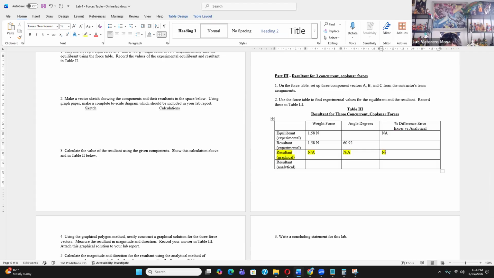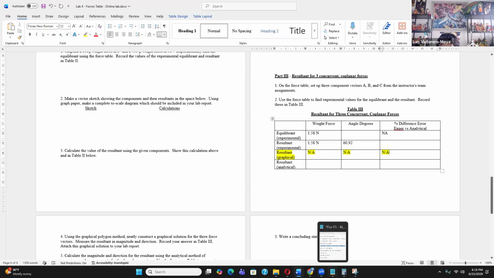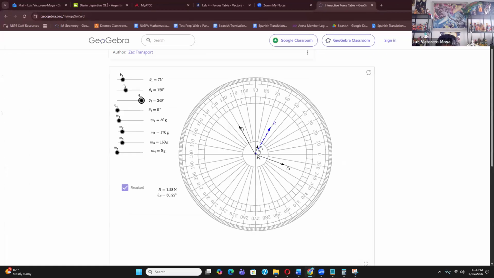You are just going to show me your graph, okay? So take a picture of this. The angle for the equilibrium: well, 60 there, right? So it's going to be about 240 here. 270 minus 30. It's around 240 degrees.